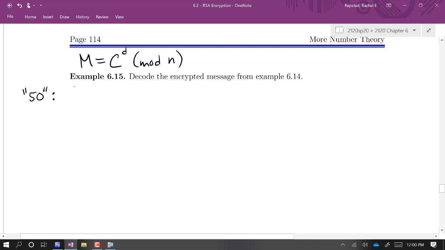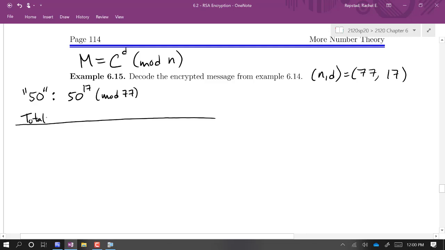So to decrypt it, remember that our decryption key in this example, 77 is n and D was 17. So we're going to compute 50 to the 17th power mod 77. Going to make our table.